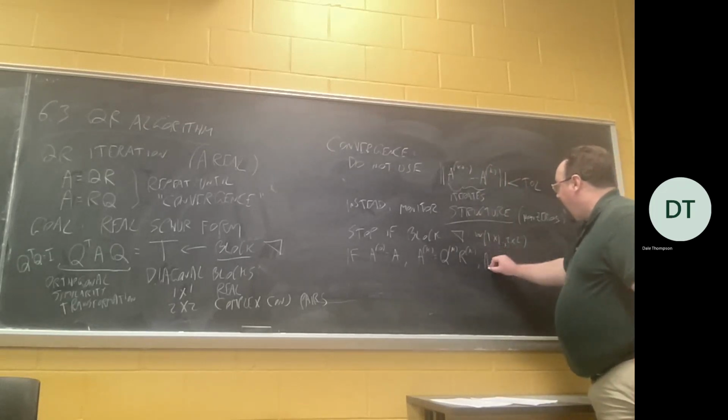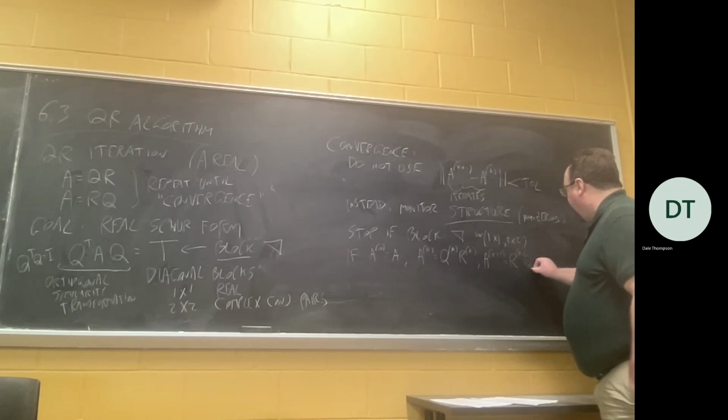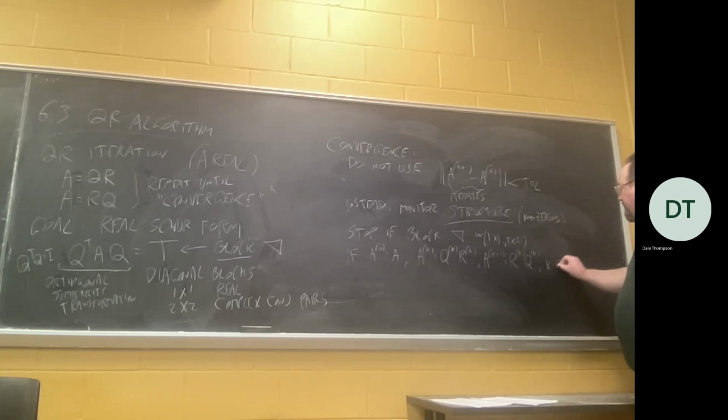And then A^(k+1) is equal to multiplying those same factors in reverse order, R_k Q_k. And this goes for k equal to 0, 1, 2, and so on.